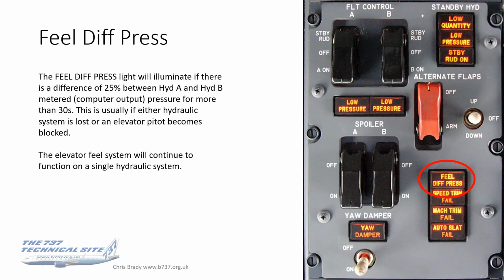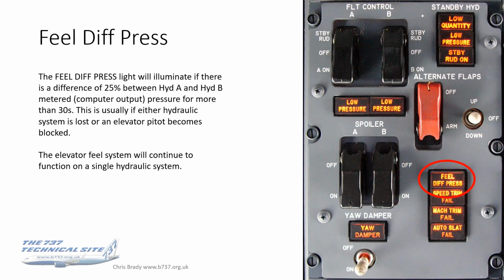Anyway, the feel differential pressure light will illuminate if there's a difference of 25% or more between the hydraulic A and hydraulic B metered output from the elevator feel computer pressure, for more than 30 seconds. And this is usually if you've either lost a hydraulic system or an elevator pitot probe becomes blocked.